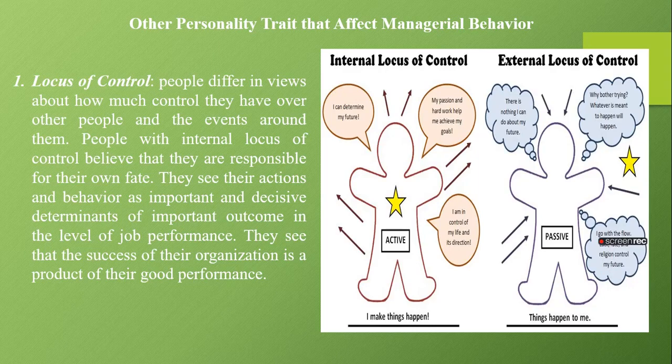But we will focus on the internal locus of control, because that is the managerial behavior of a manager. With an internal locus of control, the managers with these traits help ensure ethical behavior and they feel the decision making in their accountability and responsibility.